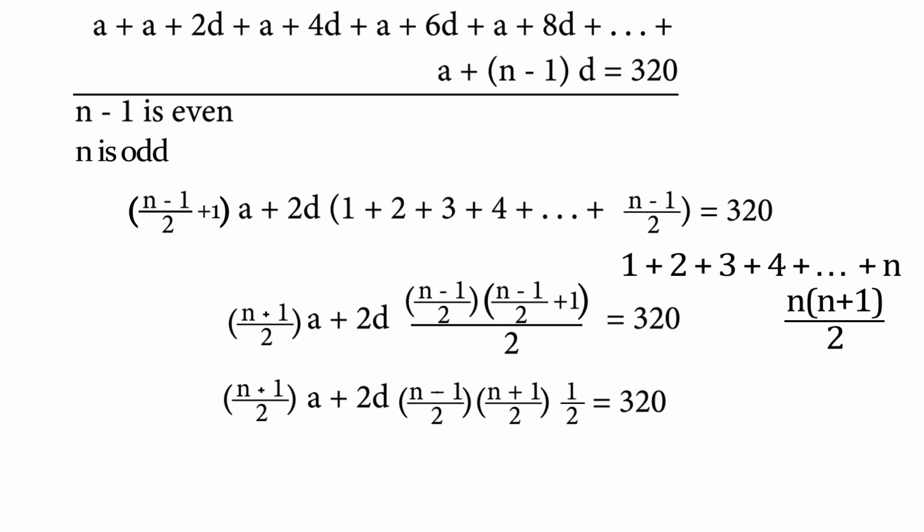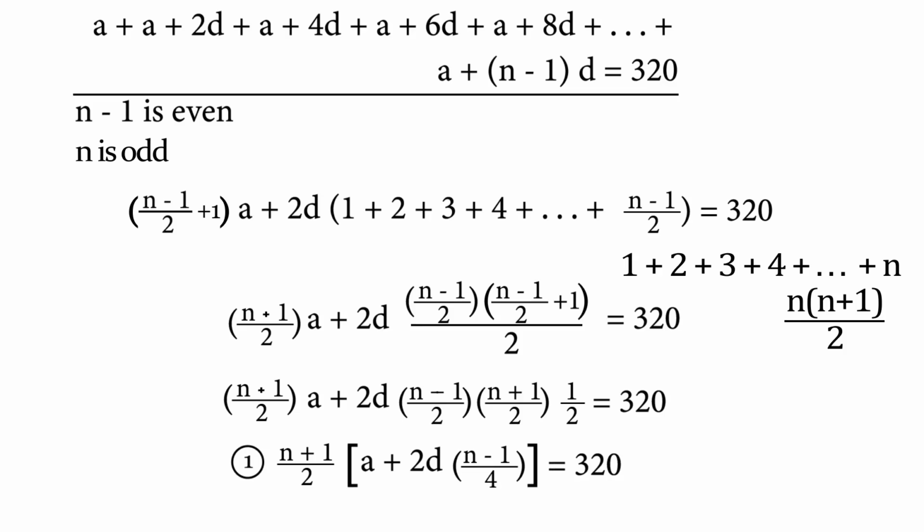At this point, I can factor out (n plus 1) over 2. If I do that, I'll have a plus 2d times (n minus 1) all over 4, and that is equal to 320. I will call this equation 1. That's about as far as I can go there.